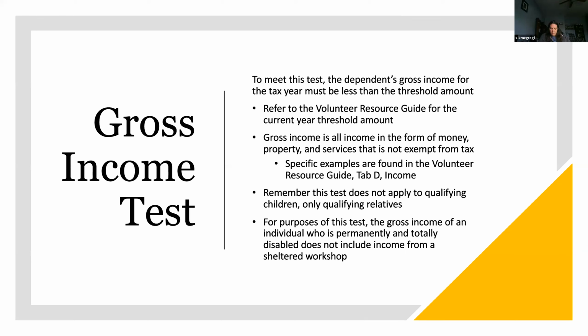And this test is only a test if it's for the qualifying relative. So this year, the person's gross income can't be more than $4,700. And that means all of their income can't be more than that.